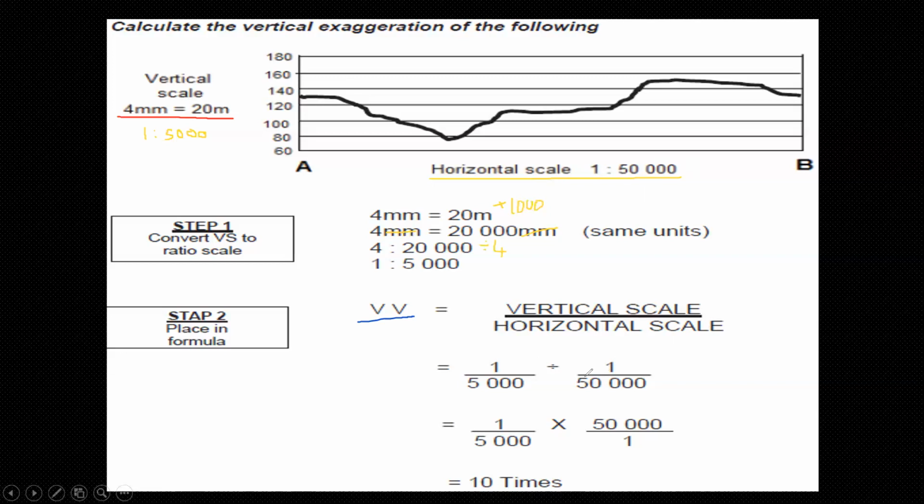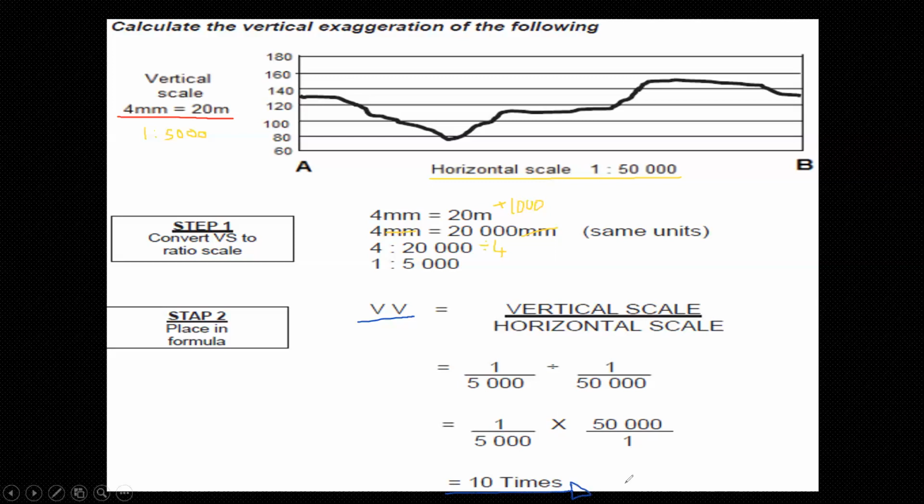But now using maths, we want to change this divide into times in order to be able to work out our answer. So what we need to do is we need to invert this fraction. We put it on top of its head. So here we bring it down, 1 over 5,000 times 50,000 over 1. You put that into your calculator and it will give you an answer of 10.